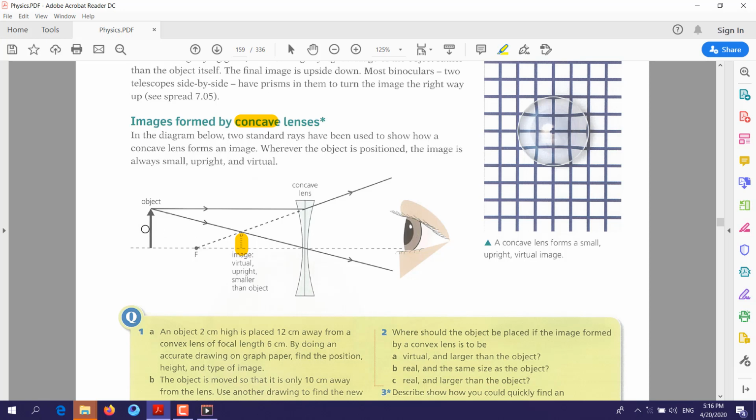So if we change the position of the object, wherever we change it, we will always see that the image we get is smaller than the object. Always the image will be smaller than the object, and the direction of it is upright, and it is formed, sorry, in front of the lens. Okay, we cannot get this image on a screen, so what kind of image will it be? It will be virtual.